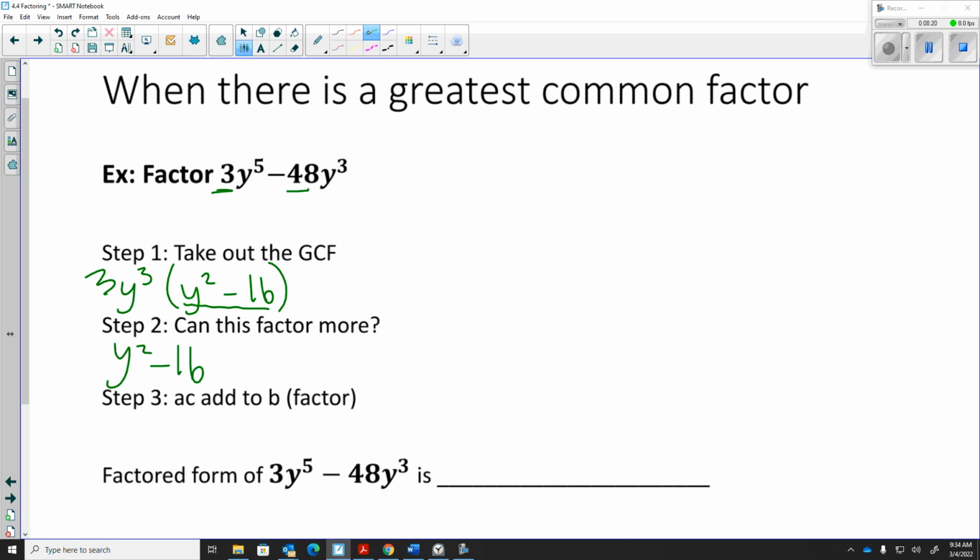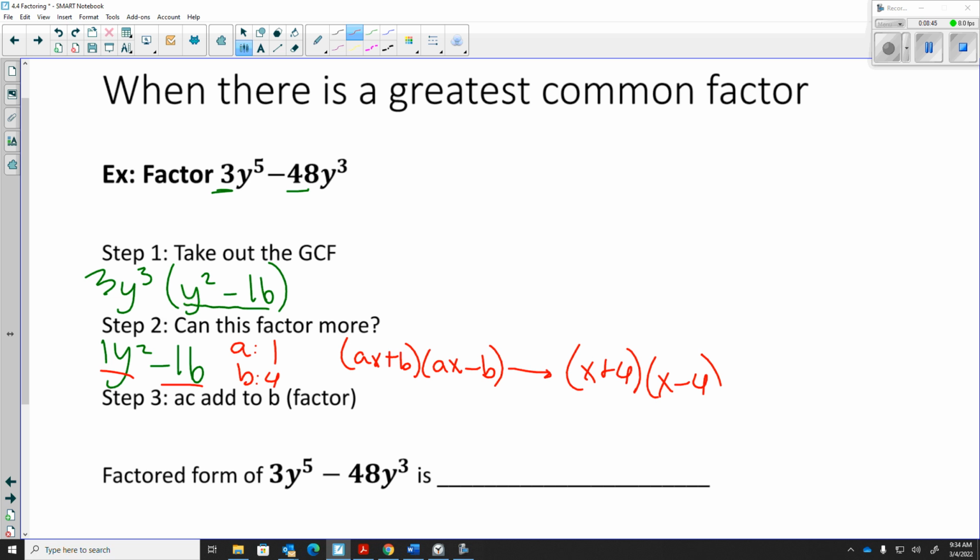So I ask myself, what's the square root of 1? Well, it's 1. And what's the square root of 16? 4. And then remember, the pattern is ax plus b times ax minus b, which means that thing factors to become y plus 4, y minus 4.